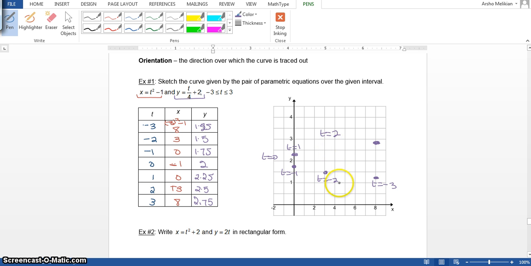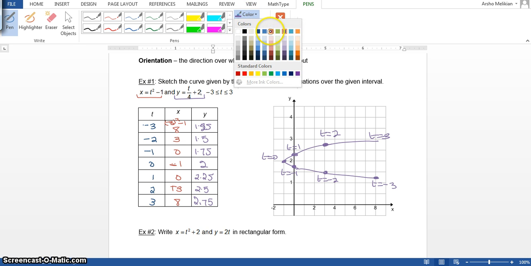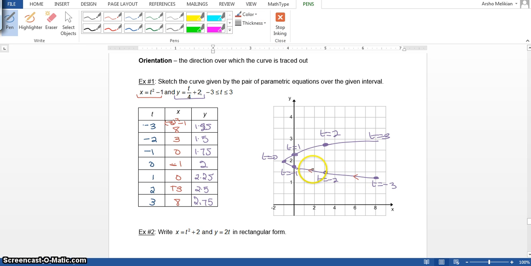So it's like a parabola, basically. Right, it's a parabola. And here is t equals 3. And the orientation of this is this way. Obviously, since you've got your points per time on there, it's sort of obvious, but the arrows would represent the orientation.